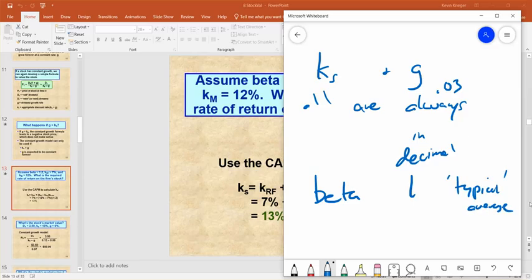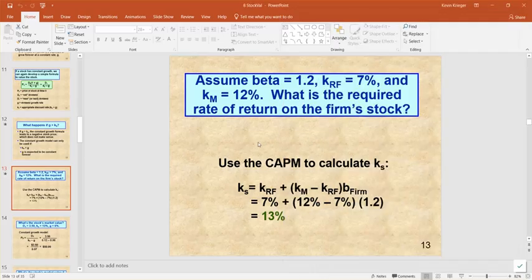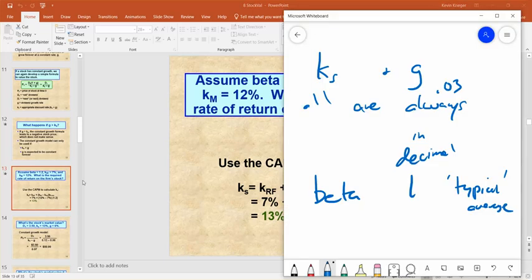So a beta of 1.2 is 20% larger than average. And the more risk you have, the larger your beta, the higher your required return is. You've got to be really careful with the words premium versus market return. KM here is your market return. KS is your required common stock return. KM is your required market return.